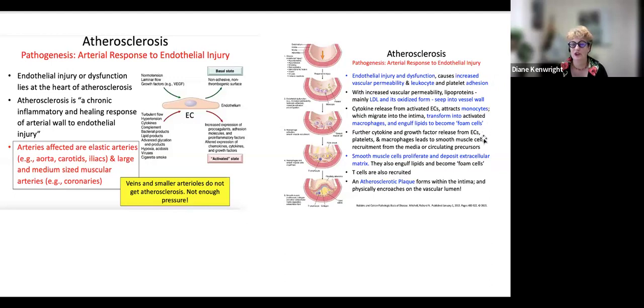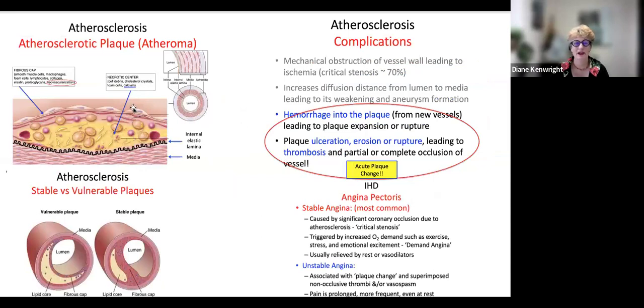And then with further cytokines, there is smooth muscle recruitment and growth, deposition of extracellular matrix, which entraps the foam cells, leading to the classic atherosclerotic plaque. Here's a picture where we've got this central necrotic foam cells with overlying smooth muscle and fibrous tissue forming the fibrous cap.